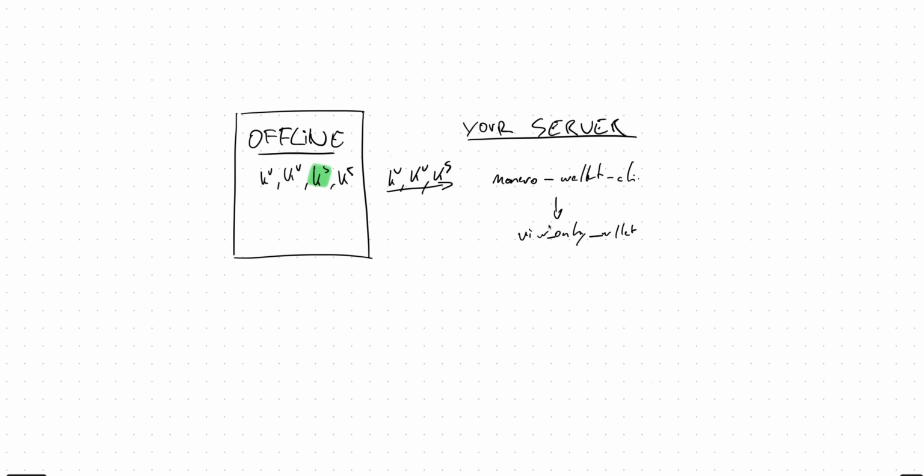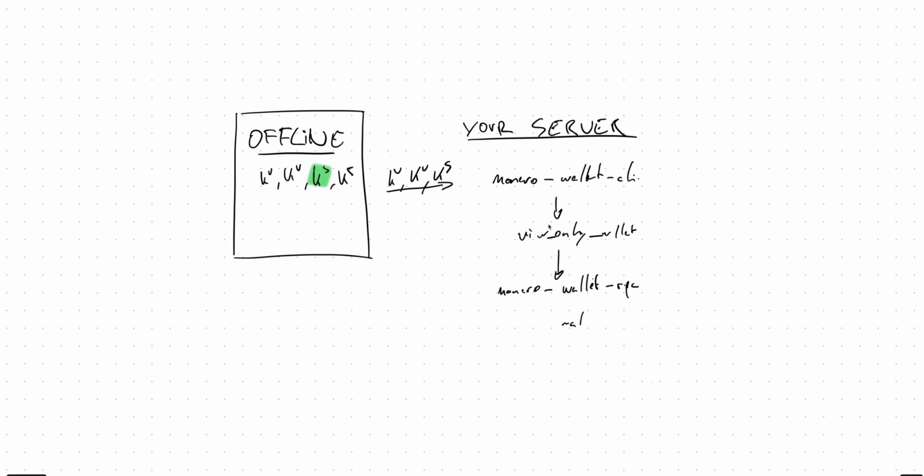This view-only wallet will be used by the program Monero Wallet RPC, just to make it accessible to your backend code with an RPC. And I will cover this shortly.